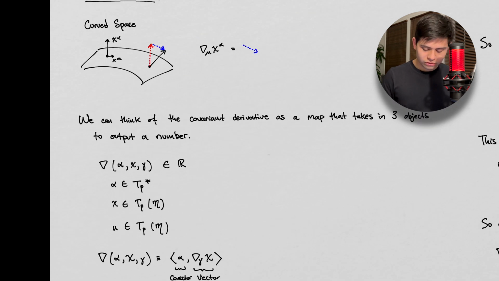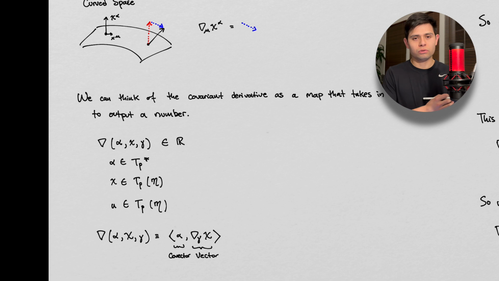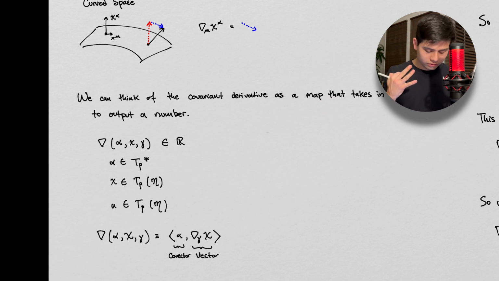So we're going to take the abstract approach to this covariant derivative first, and then we're going to get into some more concrete examples later on. We can think of the covariant derivative as a map that takes in 3 objects to output a single number. And the 3 objects are going to be alpha, x, and gamma.